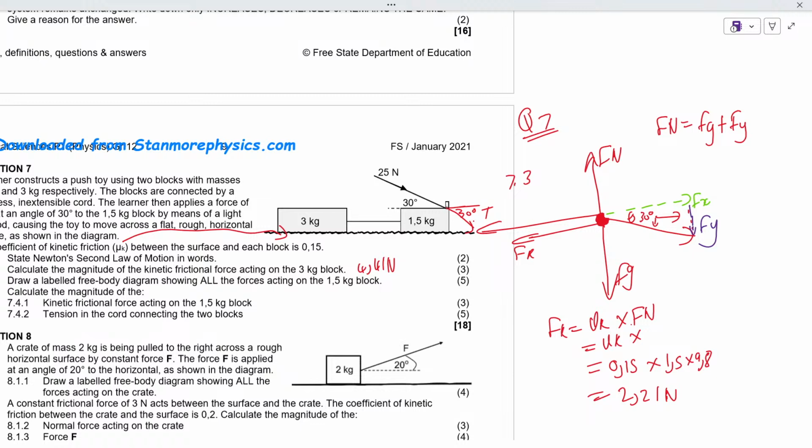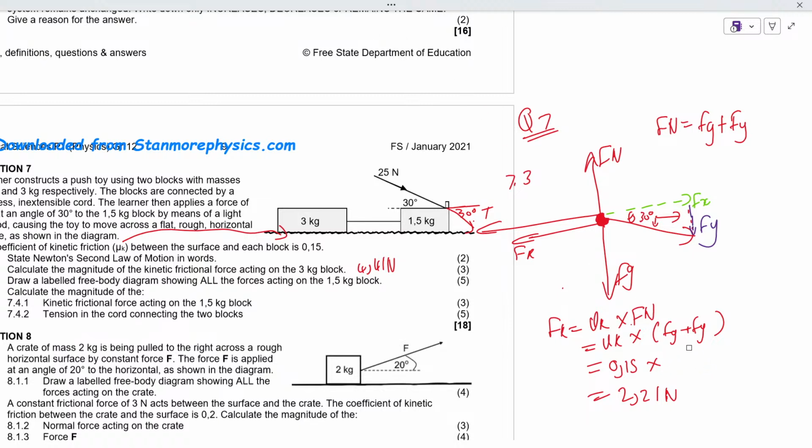Here we are using the vertical opposite from this diagram, so the angle will be here. So now we say FN equals FG plus Fy, where FG is mg, and we substitute here.